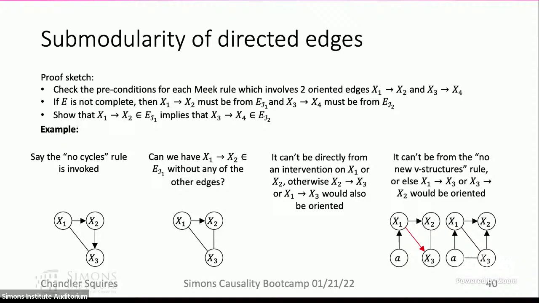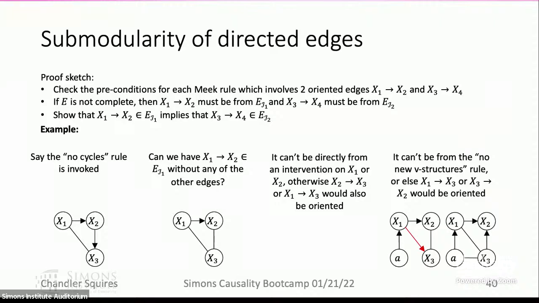Okay, so maybe this A is out there and it's pointing to x1. Now the claim is that there are 2 circumstances. I said A is not connected to x2, but I never said if it's connected to x3 or not. It could be either. If it's not adjacent to x3, then I would get this orientation the same way, also by invoking this rule of not creating any new V structures.